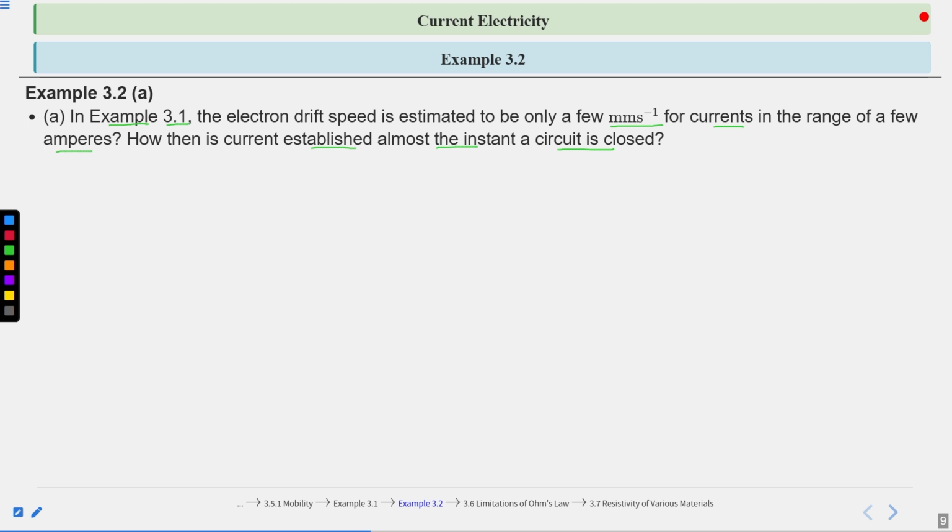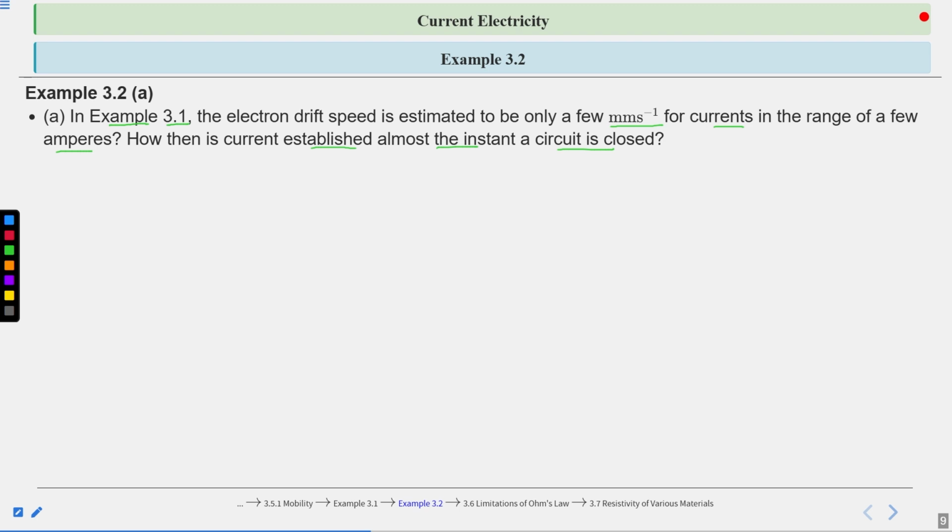Okay, drift speed is only a few millimeters per second, like the 1.1 millimeter per second we have calculated. So this small speed, that electron is covering only 1.1 millimeter per second.